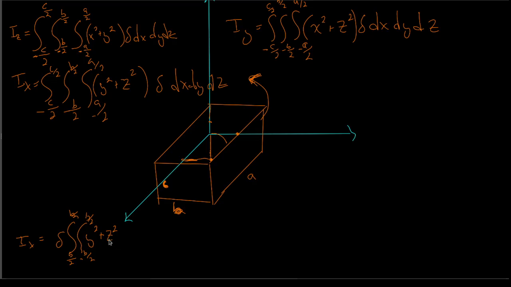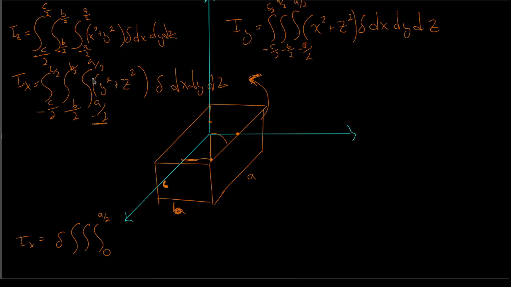And I guess if we really wanted to look at these, because of symmetry, the symmetry arguments of the rectangle, I can take this as being 2 of this integral.